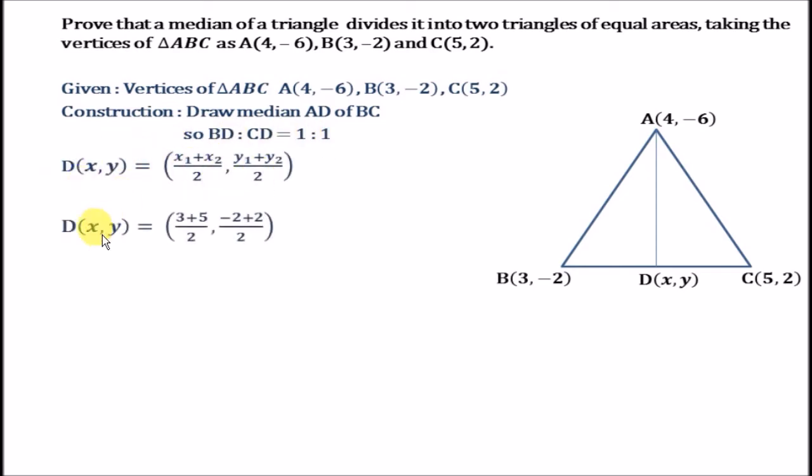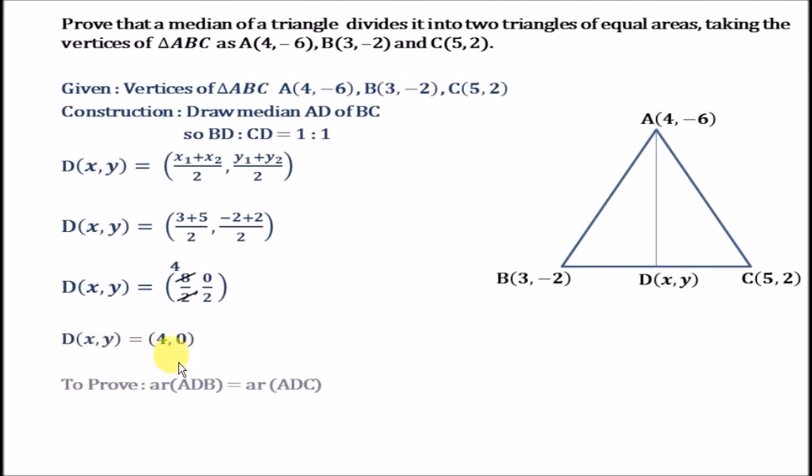D(x, y) equals (3 plus 5)/2 for x coordinate, comma, (-2 plus 2)/2 for y coordinate. 3 plus 5 will be 8, so 8 divided by 2, comma, -2 plus 2 will be 0, 0 divided by 2. 2 ones are 2, 2 fours are 8, 0 by 2 will be 0. So the coordinate of point D is (4, 0). Remember, we need to prove that area of triangle ADB equals area of triangle ADC.